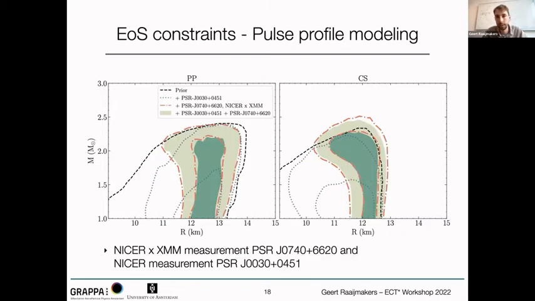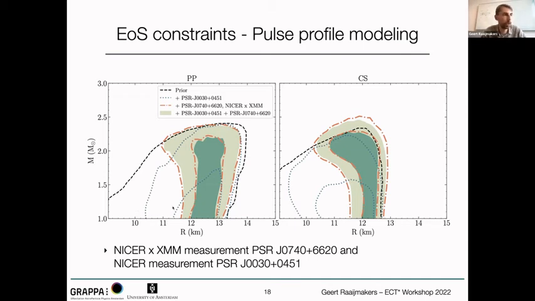I then move to the NICER results. So in orange, this is the measurement from J0740, now not just the mass, but also the radius measurement from NICER. And in blue is the measurement from J0030.